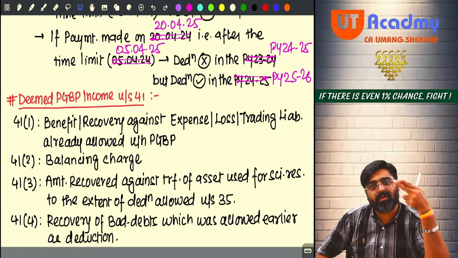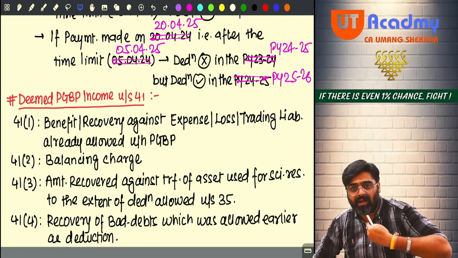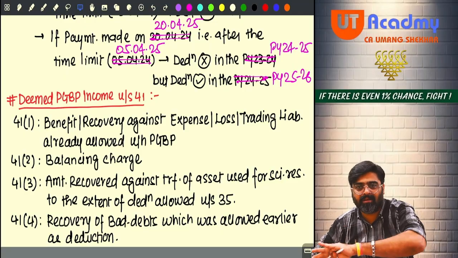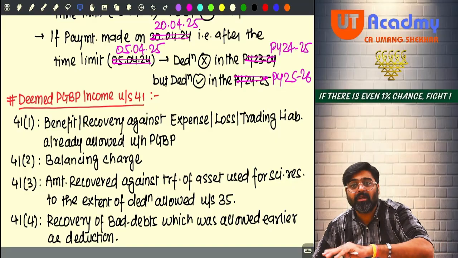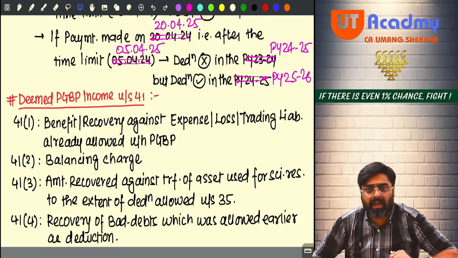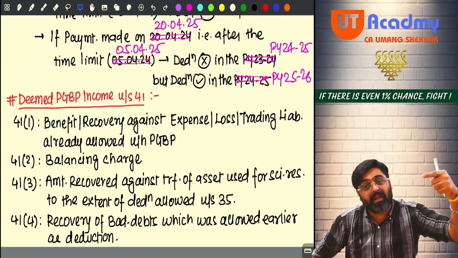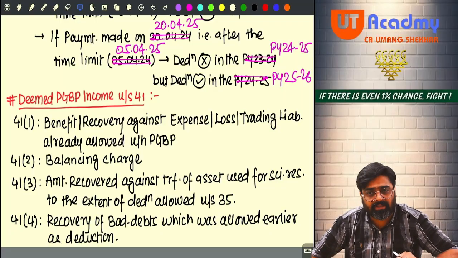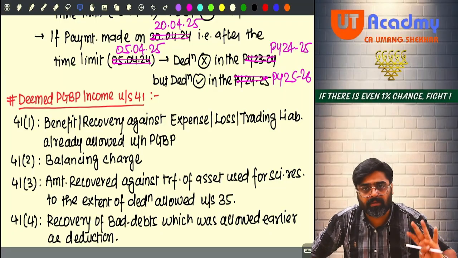Because the benefit is out of that amount only which we allowed as a deduction under PGBP, thinking that it is a loss, a liability, an expense. In future, if any recovery happens, any benefit you receive against this, we will consider that as your deemed PGBP income. That's it.